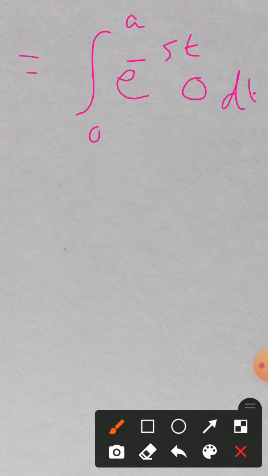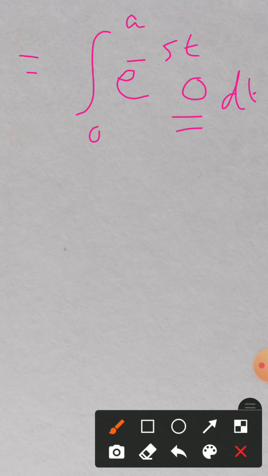In the starting I have already told you this g(t) will have two conditions. This g(t) will have the value f(t minus a) for t greater than a, it is 0 when t is less than a. So here t is less than a, that's why the value of g(t) will be 0.